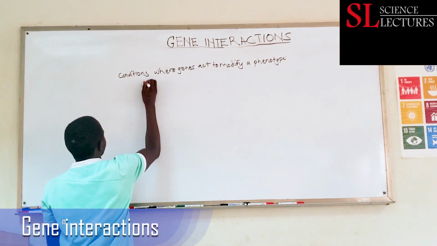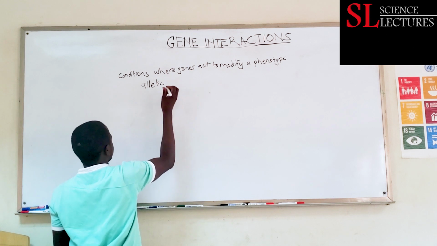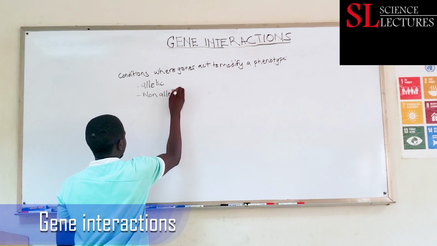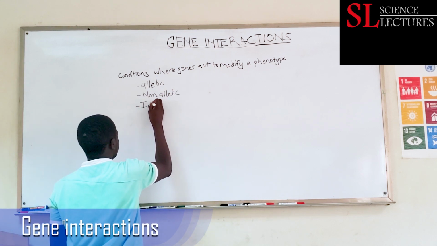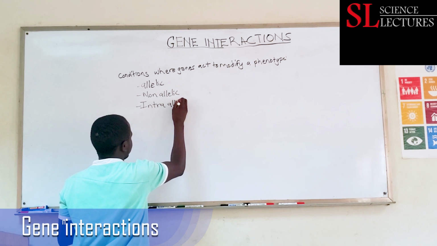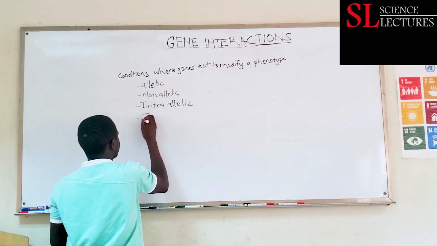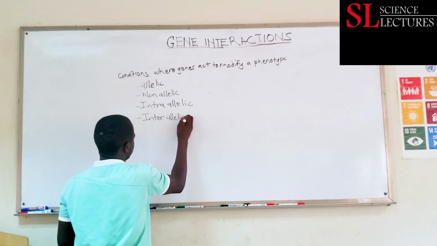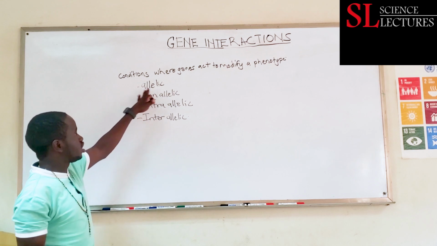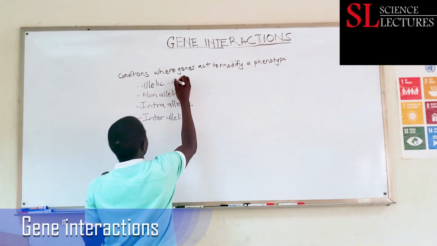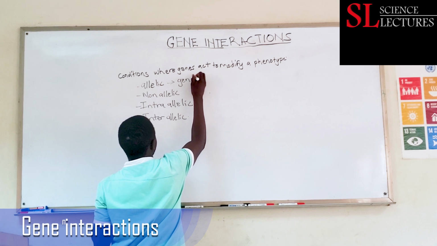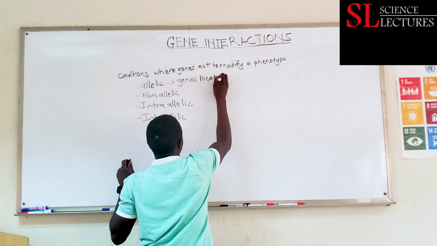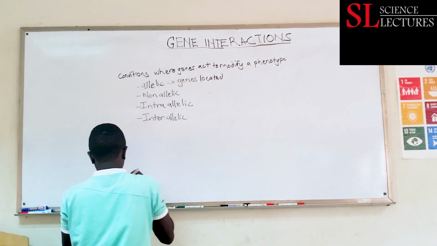There are different types of gene interactions. They can be allelic gene interactions. You can have non-allelic gene interactions. You can have intra-allelic gene interactions, and inter-allelic gene interactions.